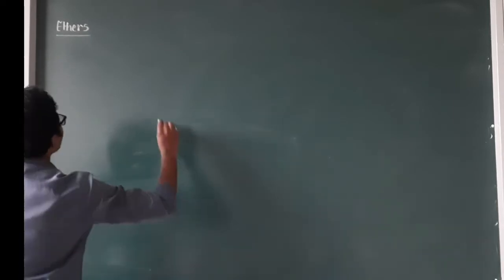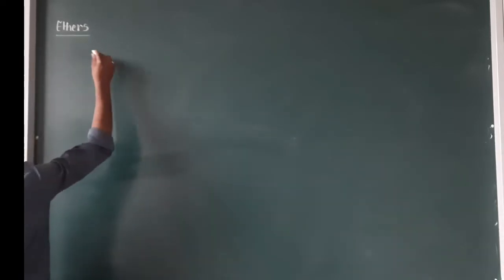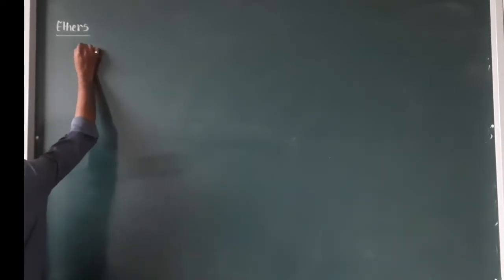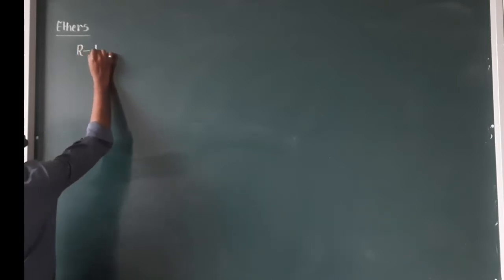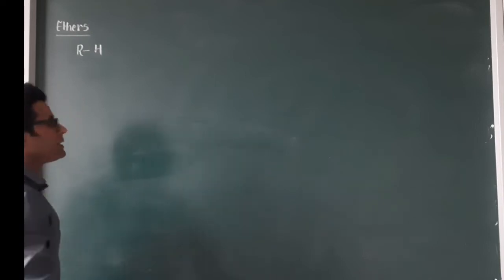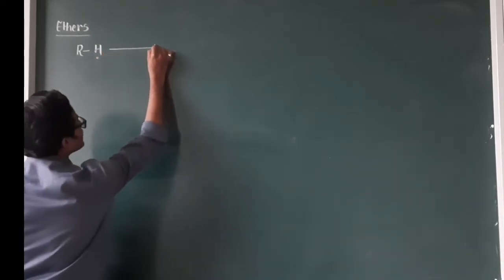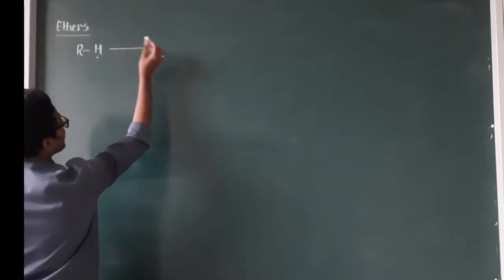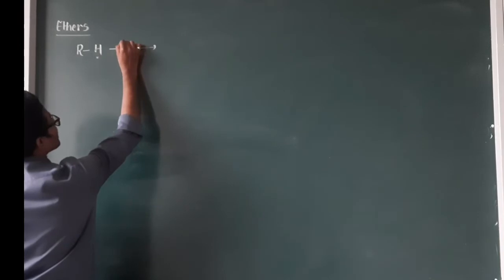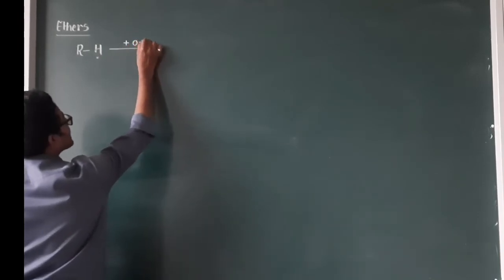So, when we take a look at ethers, let us take into consideration a hydrocarbon here. Let me represent the hydrocarbon as RH. Whenever we replace this hydrogen in a hydrocarbon by an alkoxy group, what we add is OR dash.